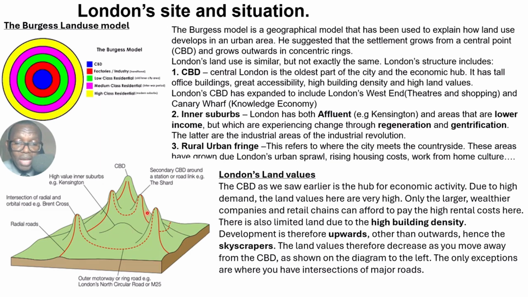So these are areas that are like a secondary CBD around a station or a road link, for example the Shard, so that will have high land values. And then places like Kensington down here are likely also to have higher land values because it's a wealthier area. So again, this is to show that the land values in London decrease as you go away from the CBD.